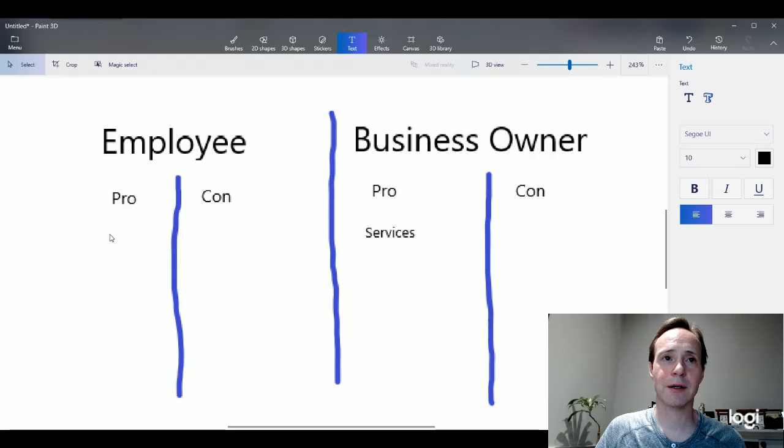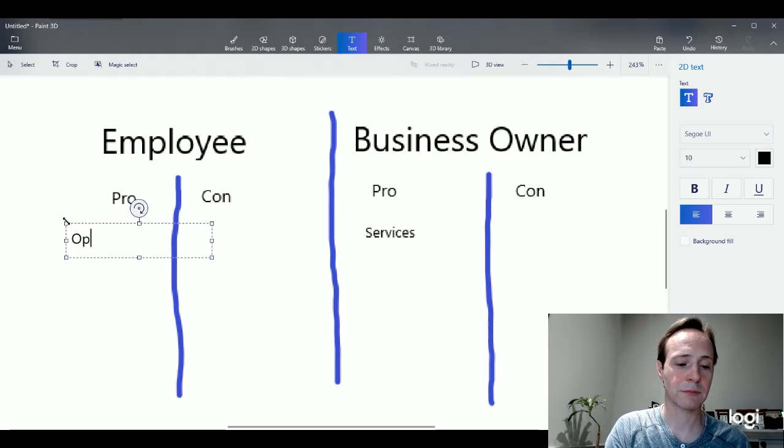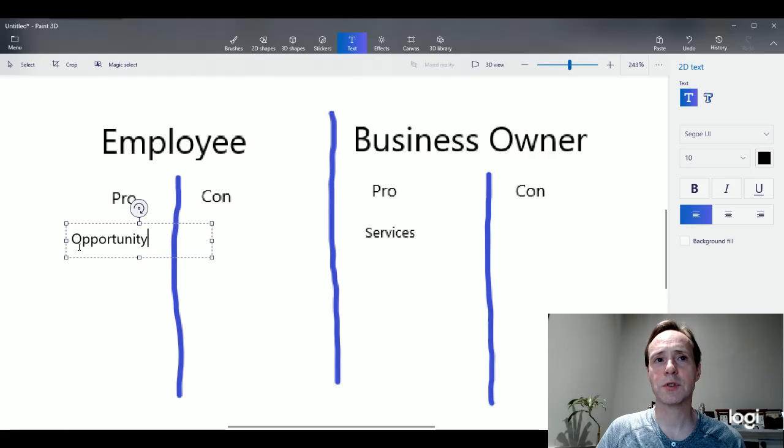And the employee, what they get is what's called an opportunity. And the opportunity is really the chance to work for somebody else where they can sell their labor for some amount of money.